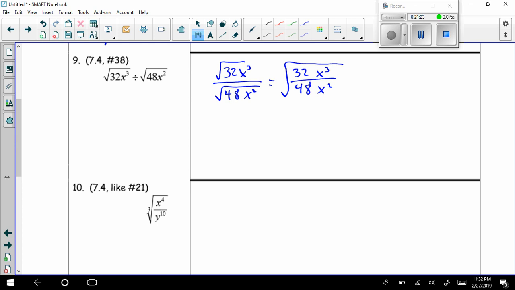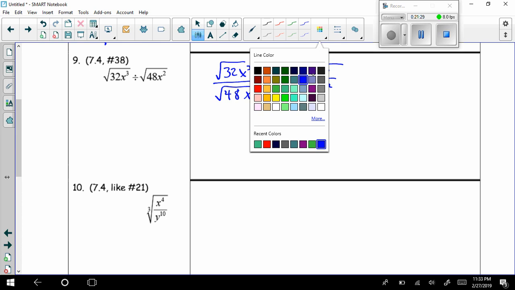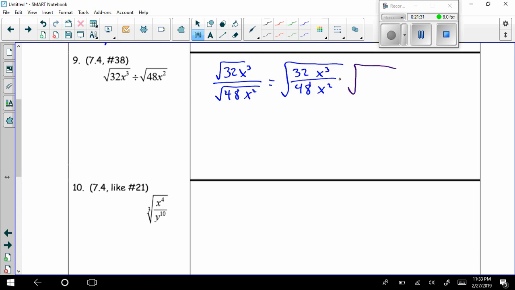So 32 and 48 both reduce by 16, so we can go ahead and reduce those. So that is 2x cubed over x squared is just x.